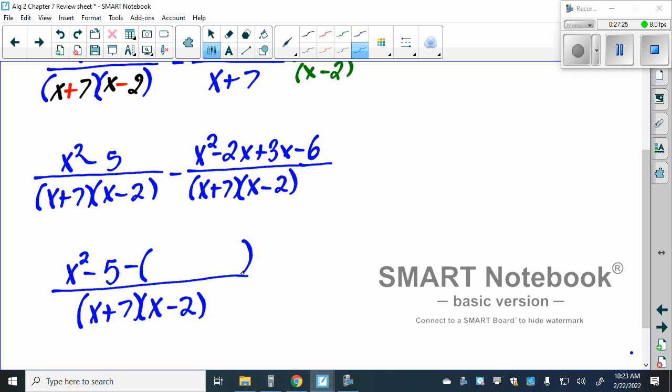But in the second set, the x squared minus 2x plus 3x minus 6, the signs are going to change because of that subtraction. So we'd have plus x minus 6. So we can combine those. I put it in parentheses so we don't have to worry about changing the signs and combining like terms.